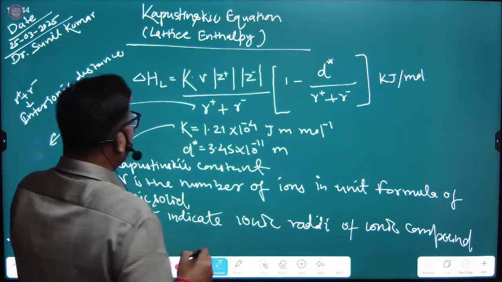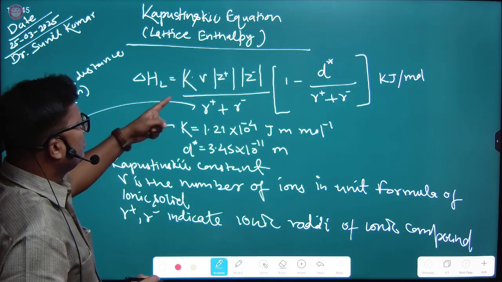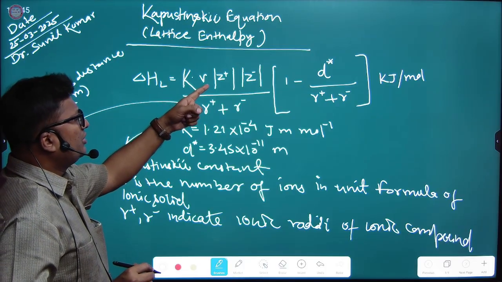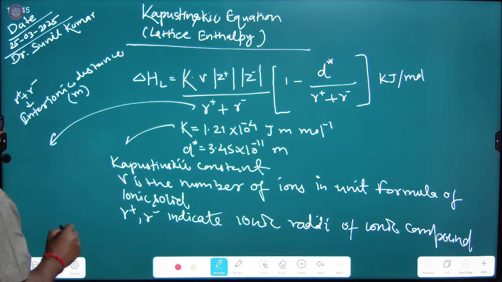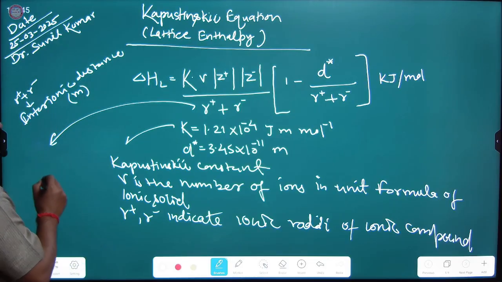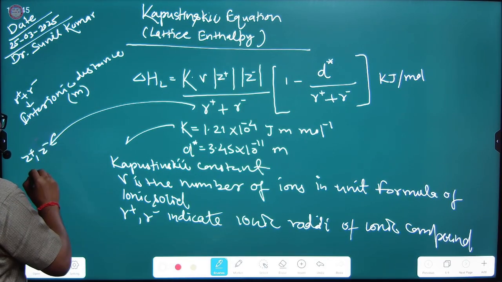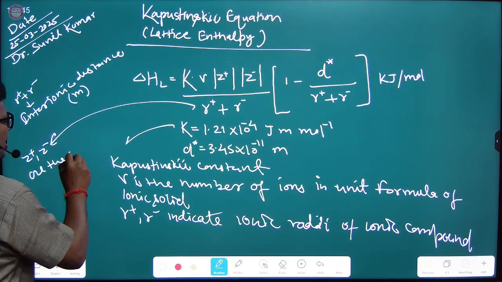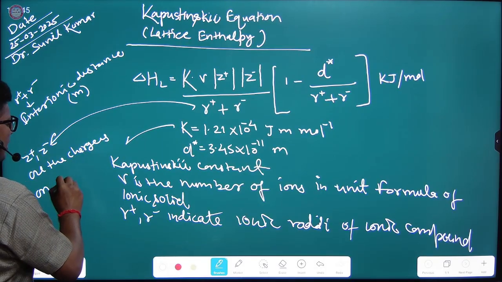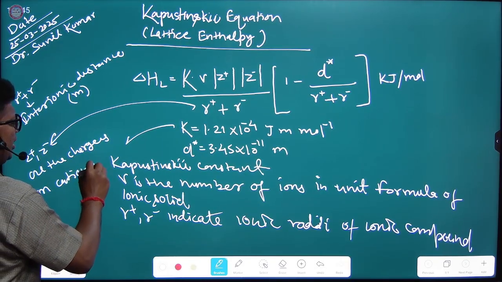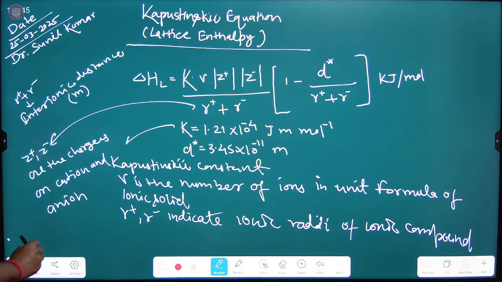Now this equation depends on the charges Z+ and Z- on the cations and anions, right?